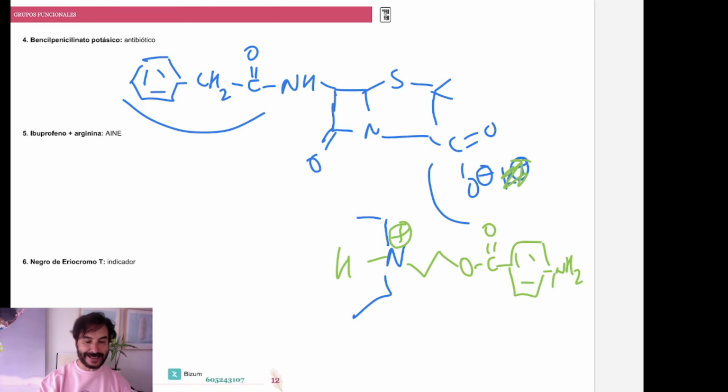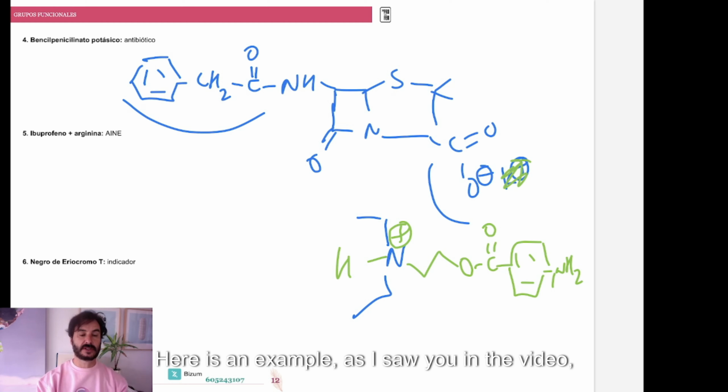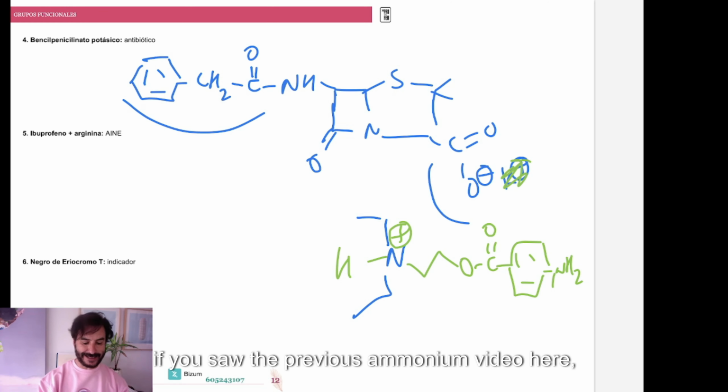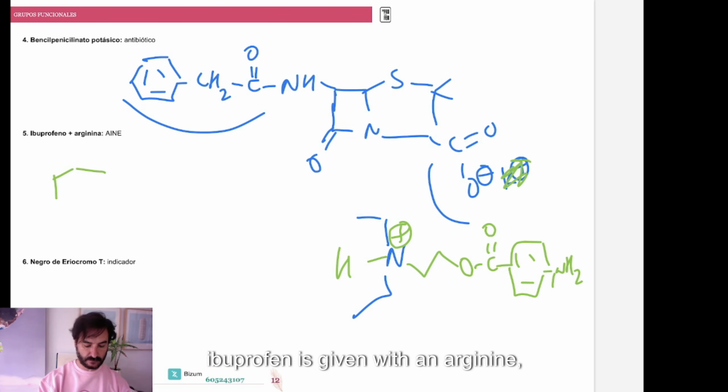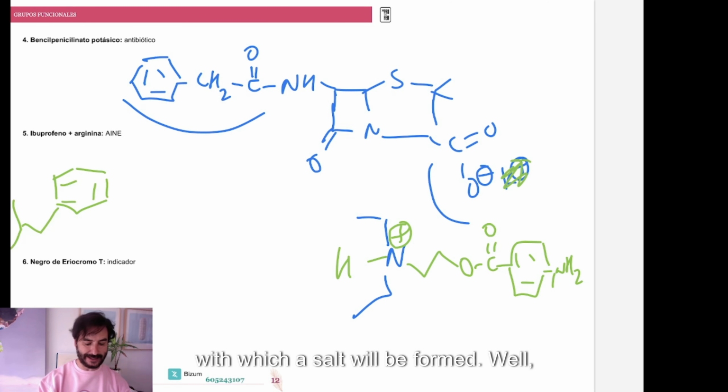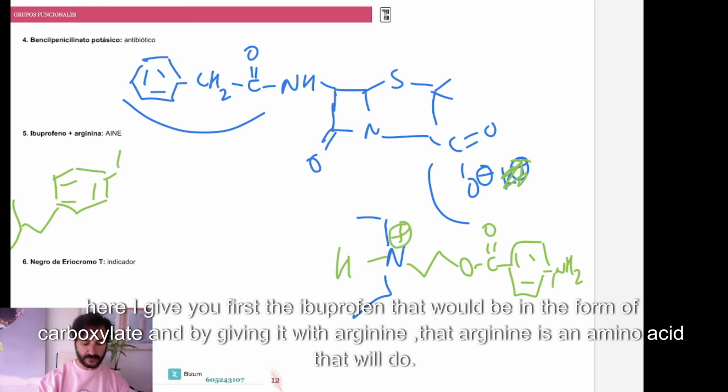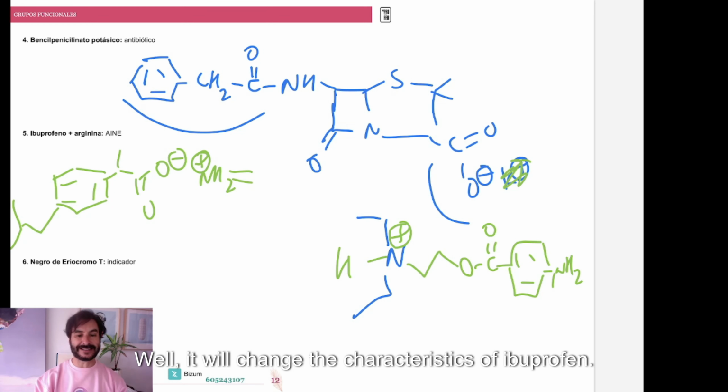Ibuprofen plus arginine. Here is an example, as I showed you in the previous video. Ibuprofen is given with arginine, with which a salt will be formed. Here I give you first the ibuprofen in the form of carboxylate, and by giving it with arginine, an amino acid, it will change the characteristics of ibuprofen.